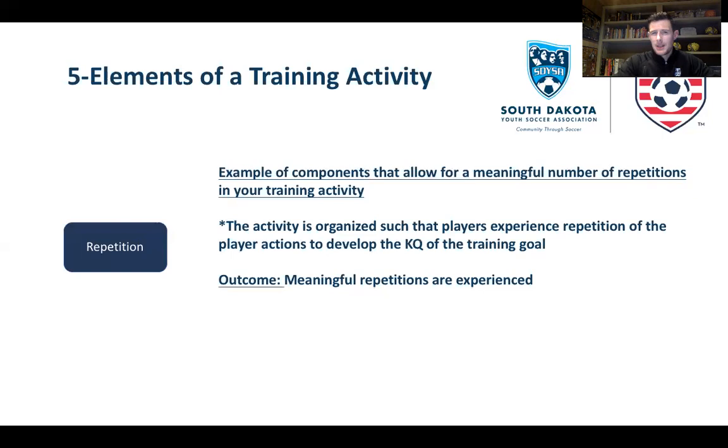We want to see repeated behaviors of that happening. So if the activity is set up in a way where players don't get to repeat that behavior, then we have to look at it and think, okay, what do we need to manipulate within the training activity to ensure that there is repetition? And that might be adjusting some players around to different teams they might be on or groups they're with. We might need to think about the space we're using. Is it too long? Is it too short?